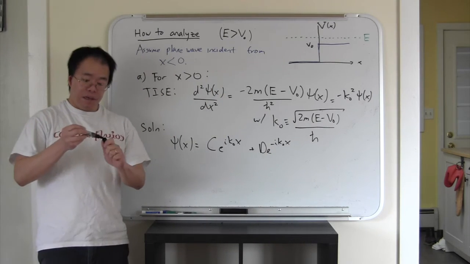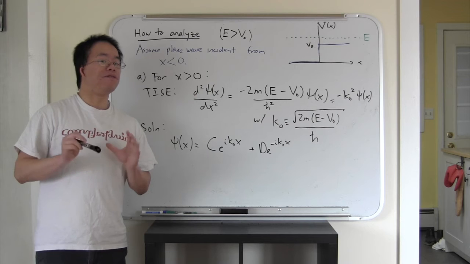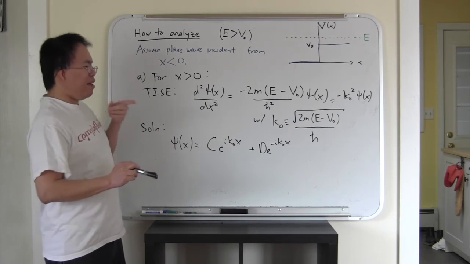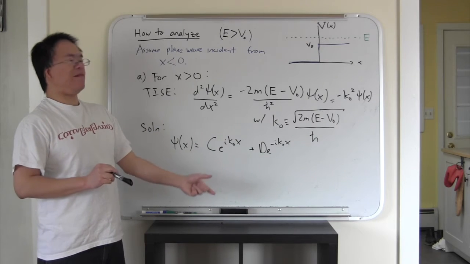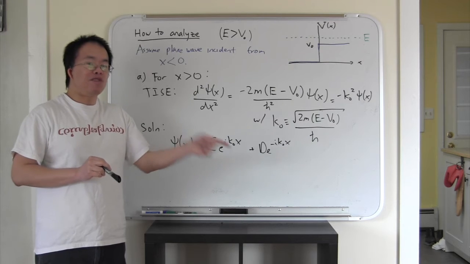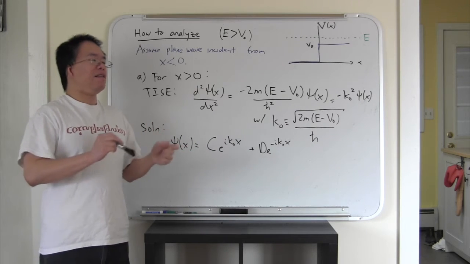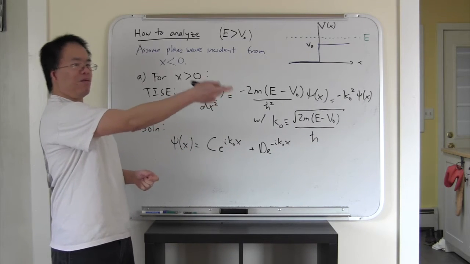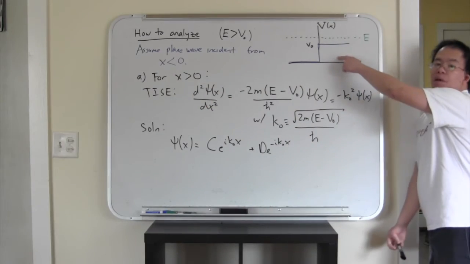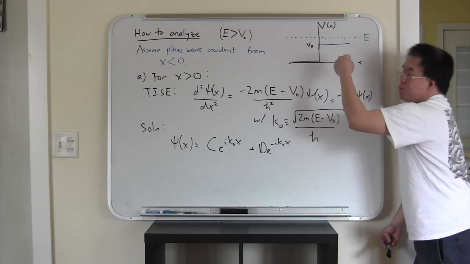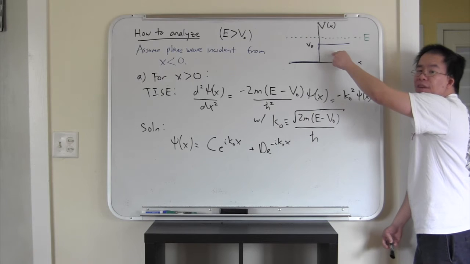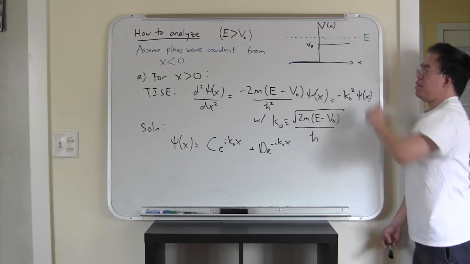So here is where we have to apply a little bit of physics. Because we know that we're sending in an incident plane wave from the left, some of it's getting reflected, some of it's getting transmitted, but there's nothing coming from the right going left in this region. All our particles are incident in this way, and whatever is transmitted is going to have to be going to the right.